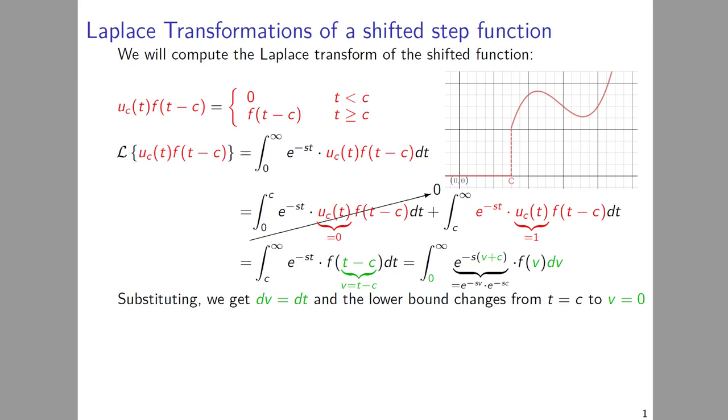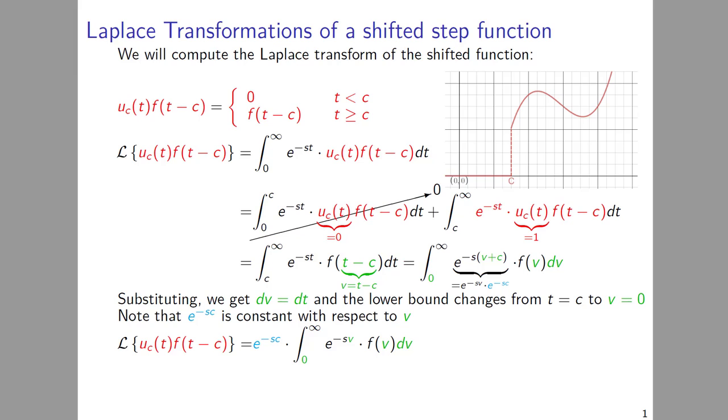Since e to the negative sc is constant with respect to v, we can bring it outside of our integral and rewrite it as e to the negative sc times the integral from 0 to infinity of e to the negative sv times f of v dv.